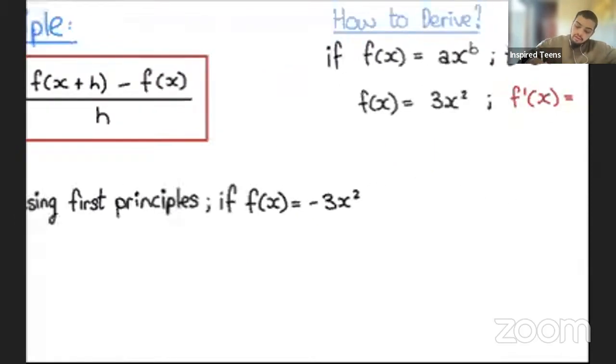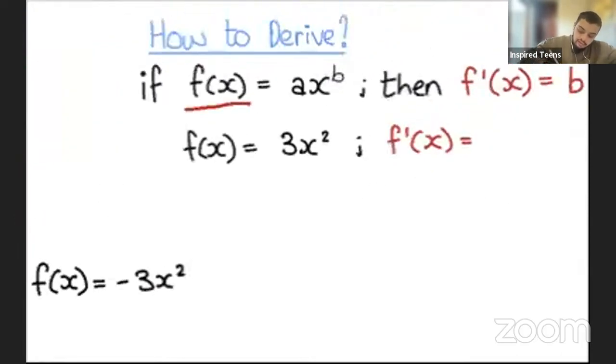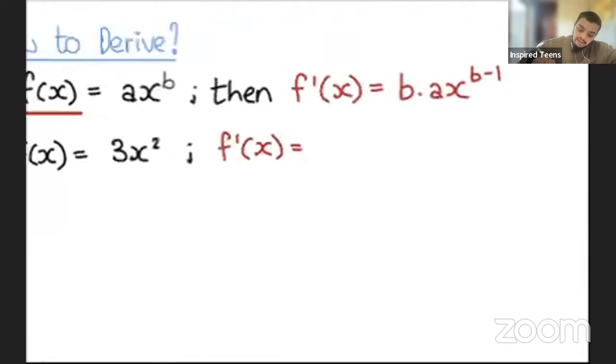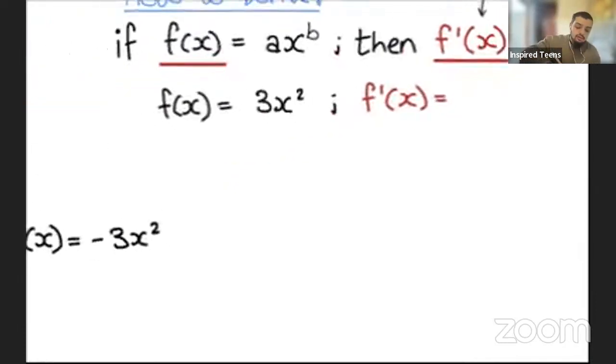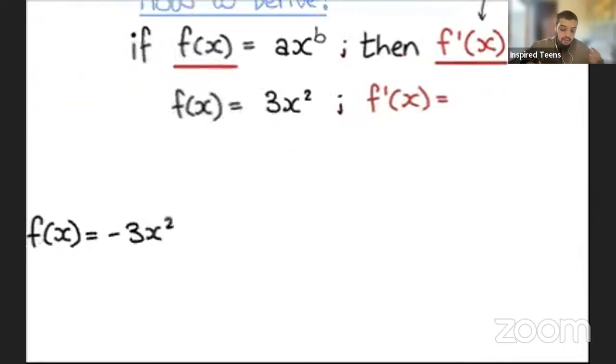If the original function is f of x, the first derivative is f prime x. We call this the first derivative, and this is the original function. So just keep that in mind.